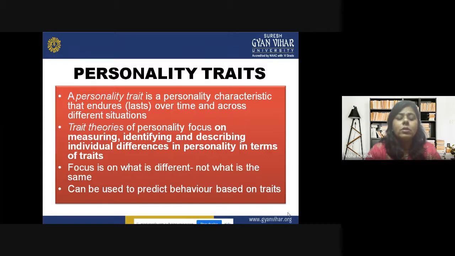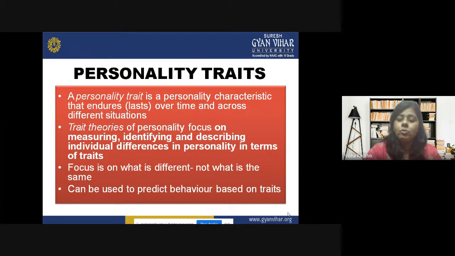They focus on what is different, not what is the same, and can be used to predict behavior based on traits.